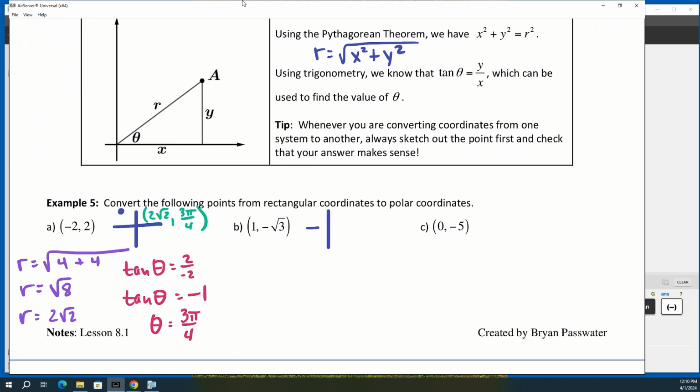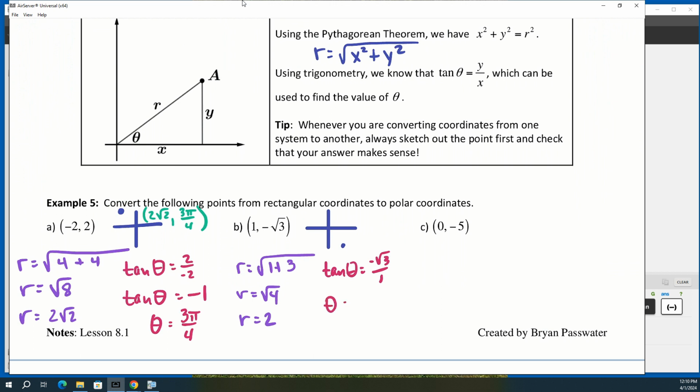So we are going to go right 1 and down square root of 3. Okay, so r is going to be the square root of 1 squared plus negative square root of 3 squared, which is just going to be 3. All right, and then for the tangent of theta, that's going to be the y over the x.